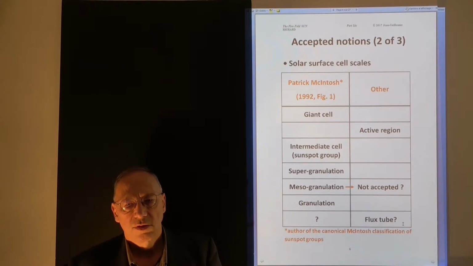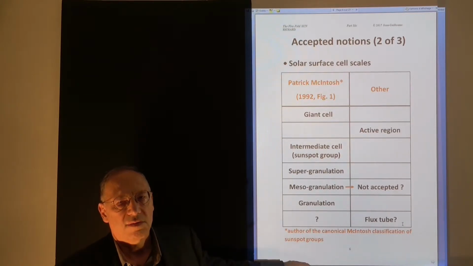Patrick McIntosh, who is the author of the canonical classification of sunspot groups, an American researcher, is one of the few authors who proposed such a full cascade of surface cell scales at the photospheric surface of the Sun, as shown in this table.